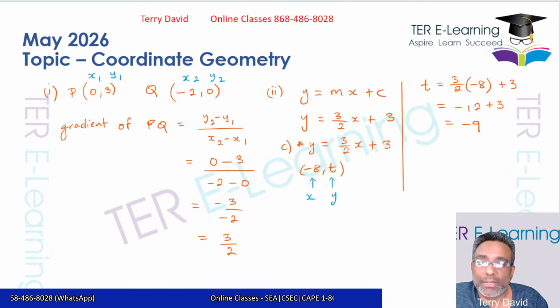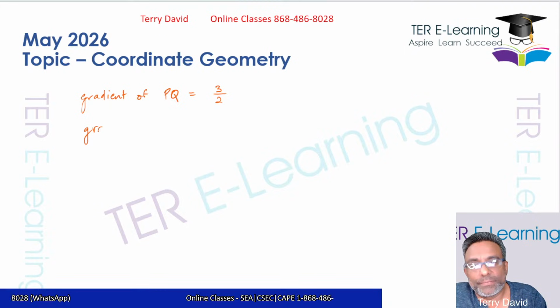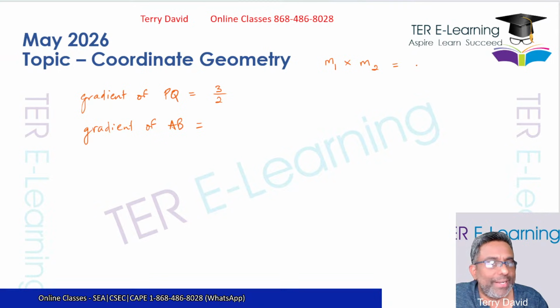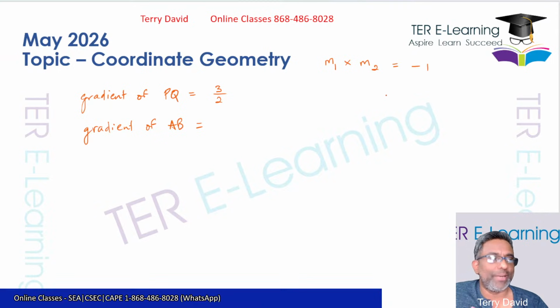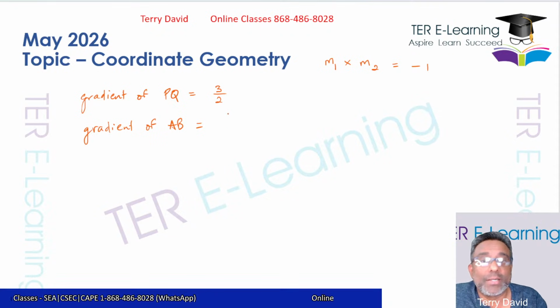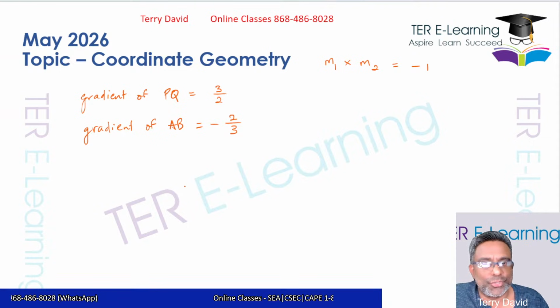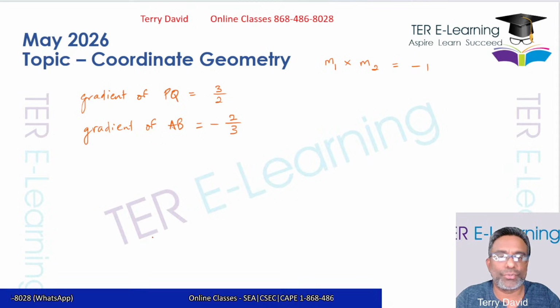So the gradient of AB: since AB is perpendicular, the rule for perpendicular lines is that if I take the gradient of one and multiply by the gradient of the second one, we are going to get -1. That's a geometric relationship between two perpendicular lines. So to work out the gradient of AB, I need to invert the 3/2, writing it as 2/3, and put a minus sign in front of it. Therefore, the gradient of AB is -2/3.